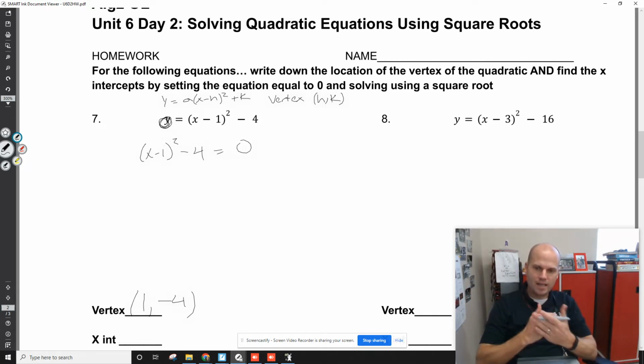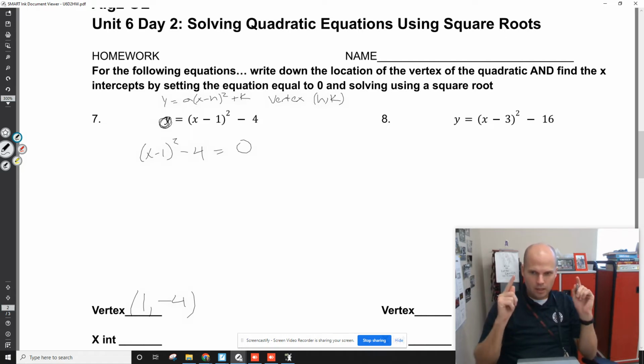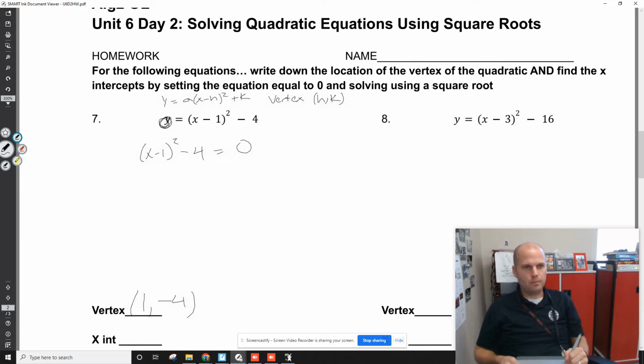But when y is 0, we will find our x-intercepts. Now, it's the same procedure, though it looks a little bit different. We want to isolate the square. Isolate the square. Add 4, right? Get rid of that minus 4 to isolate this square.